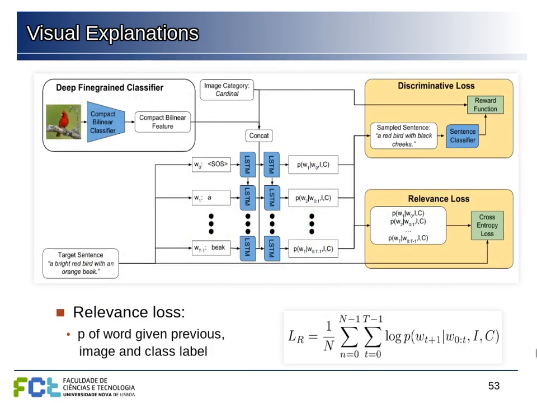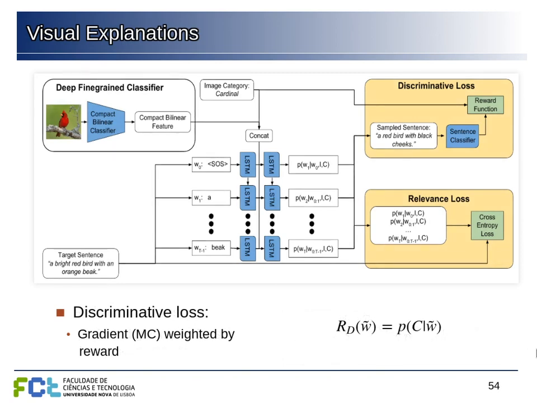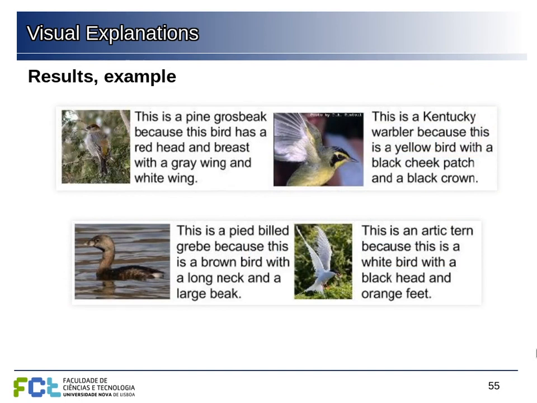And this is how they trained it, with two different kinds of losses: the relevance of the description of the word for the particular class of the bird, and also the ability to discriminate between categories. But this is an example of the result. So now you feed this image into this whole system.